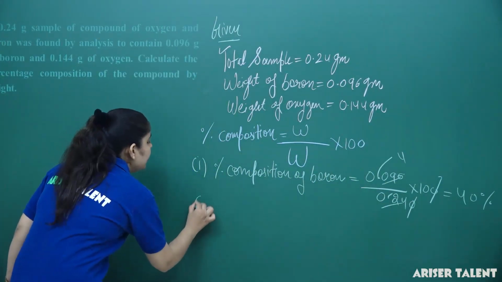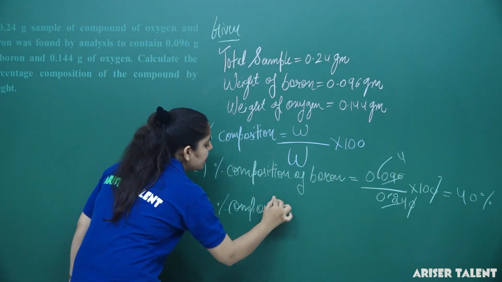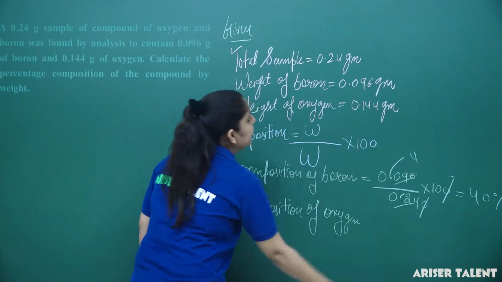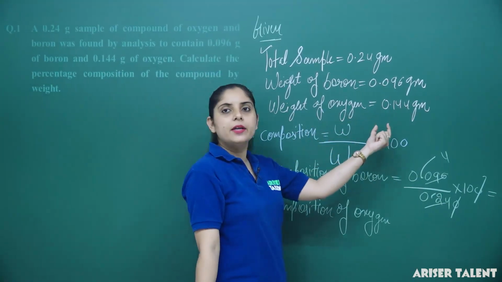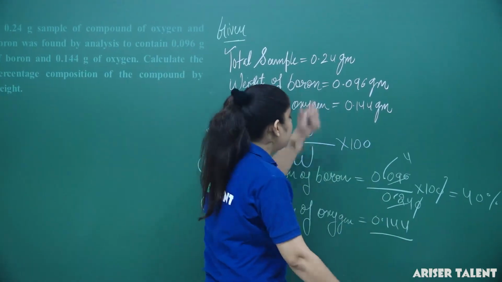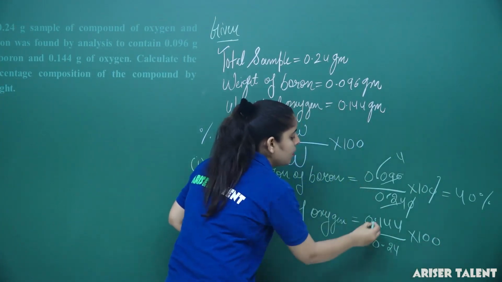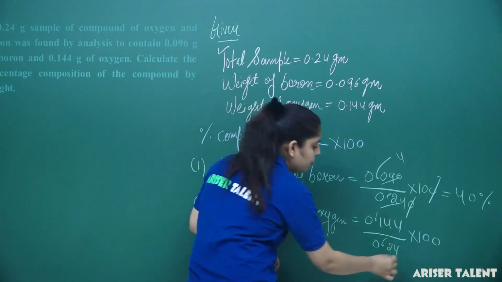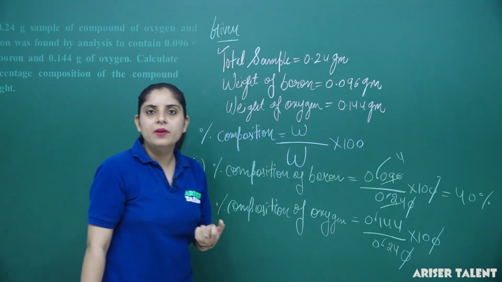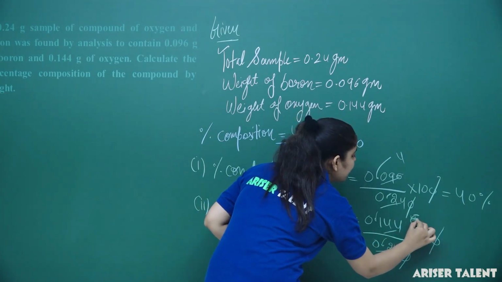Now in the second part I am determining the percentage composition of oxygen here. Similarly, the quantity of the oxygen which is given here is 0.144. So 0.144 divided by 0.24 into 100, point will be cancelled by point and 10 will be shifted here. 10 will be cancelled by 10, and 24 4s are 96... sorry, 24 6s are 144.